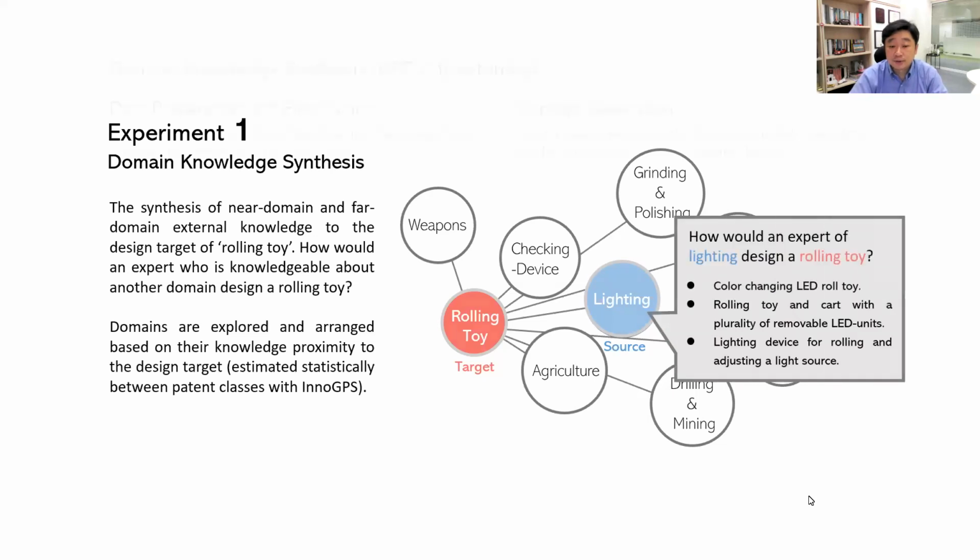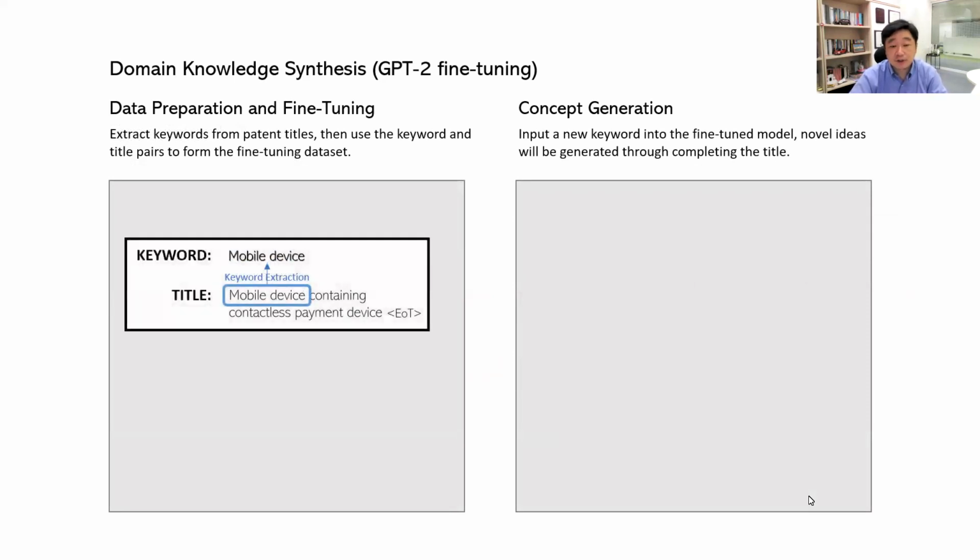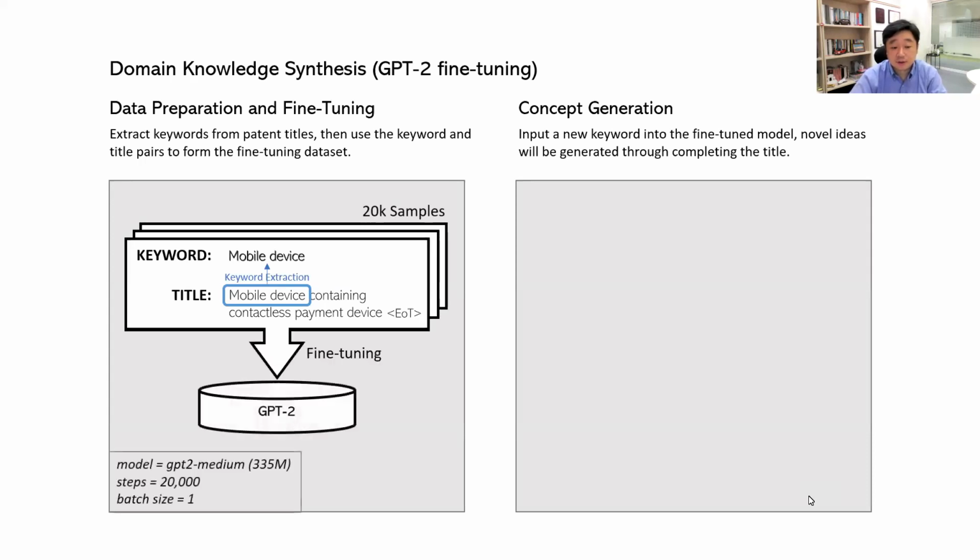And in this case, we created fine-tuning data sets based upon the patent title structure. We first extract keywords from each title in the fine-tuning data sets, and then we use the pairs of the keywords and the titles to fine-tune the GPT model.